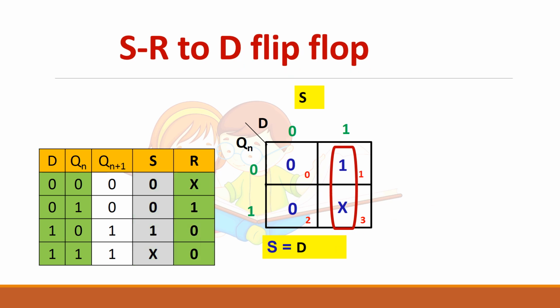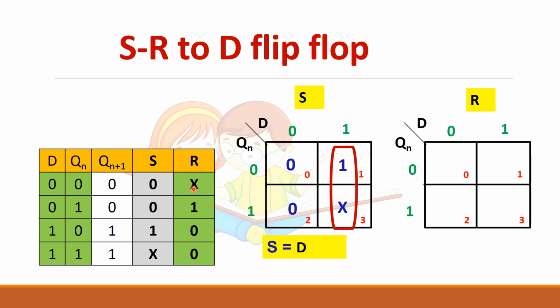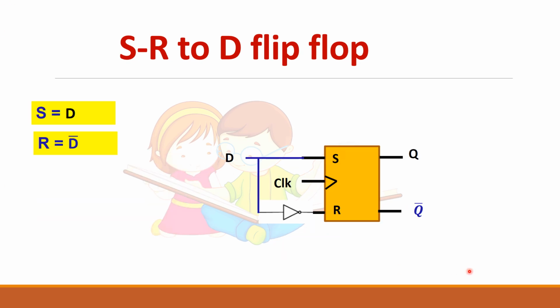Next we can plot for R. Same procedure. So what is there for R? X 1 0 0. So these two can be clubbed together. So you will get here D equal to 0. So I can write R equal to D bar. So it is very easy.